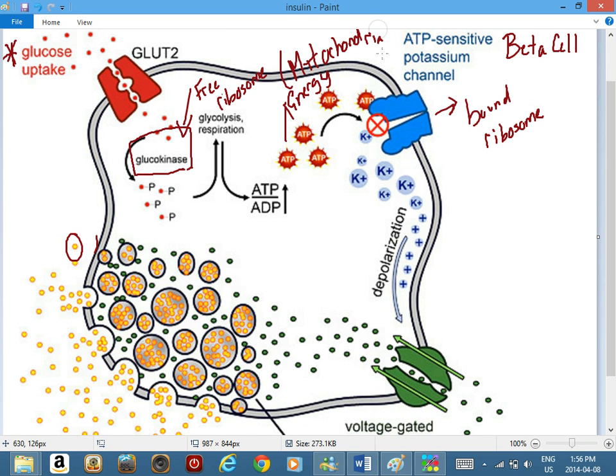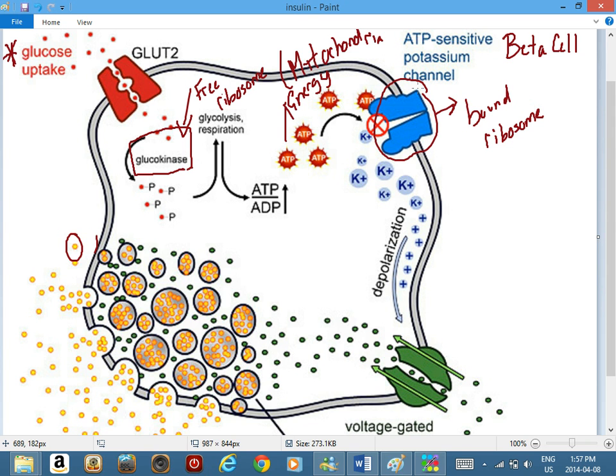Now, if you look at this diagram, it's kind of hard to see, but the energy actually does something to this molecule right over here. What it does is it actually closes it.